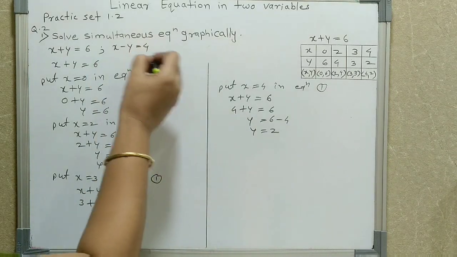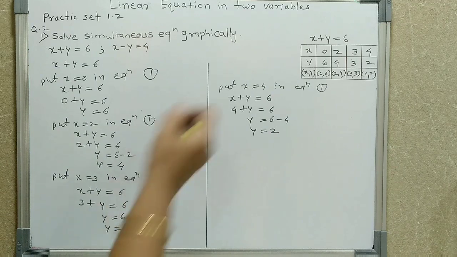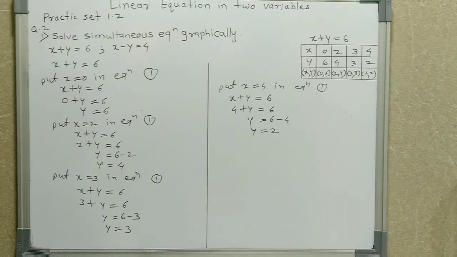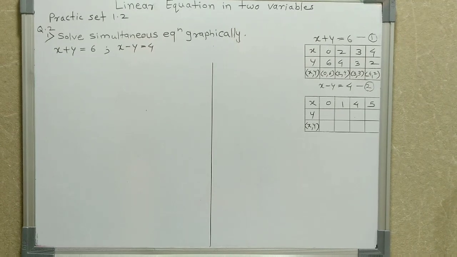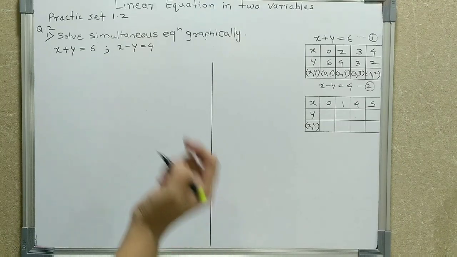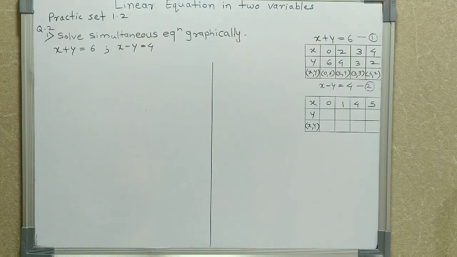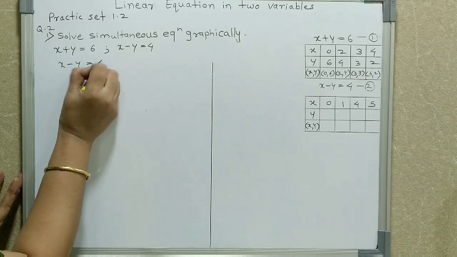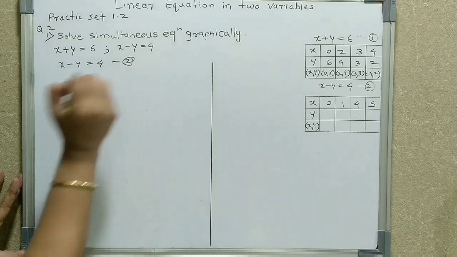This is the table of the first equation. Now we will find the table of the second equation, 4 ordered pairs. See the equation x minus y equal to 4. This is the second equation.